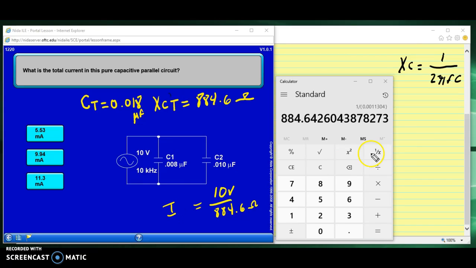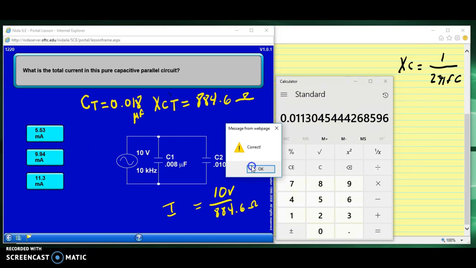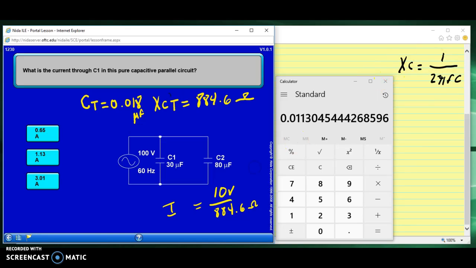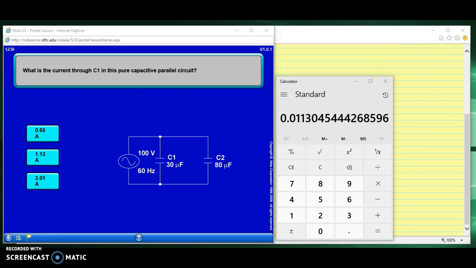So let's do that. 10 divided by 884.6 equals, and if we move that 1, 2, 3, we get 11.3 milliamps. And there is our answer. So got that one pretty easily.